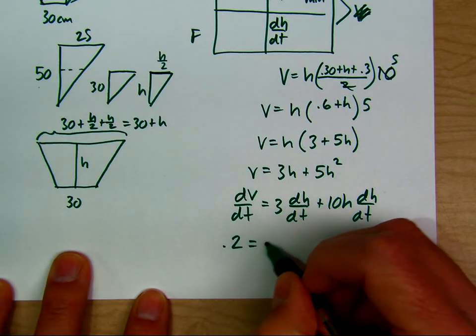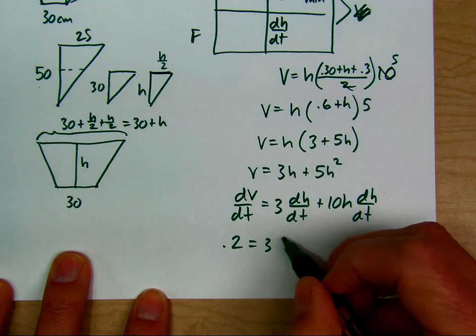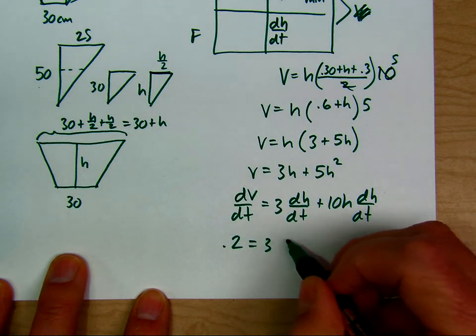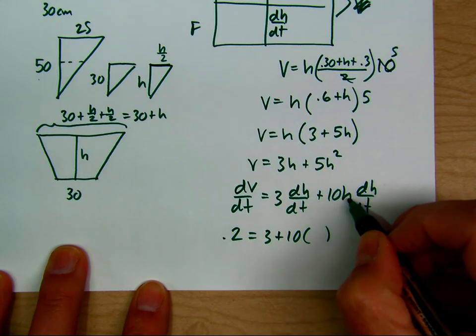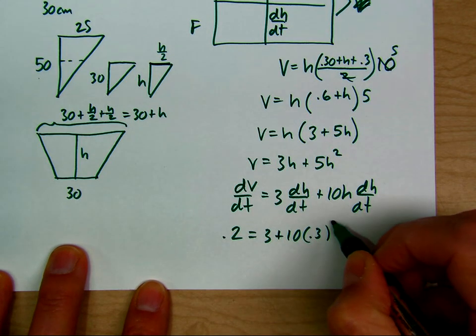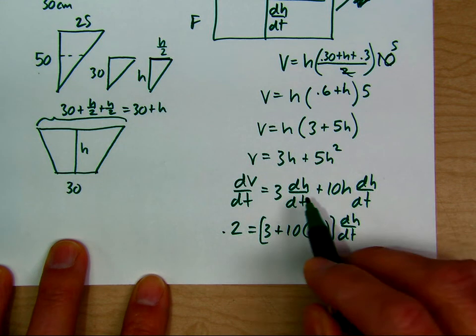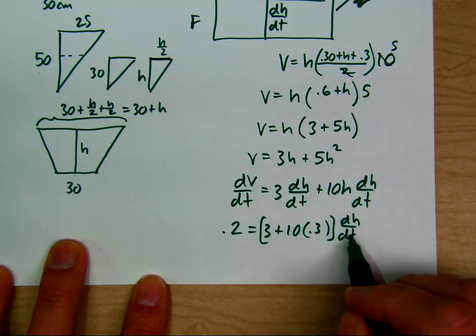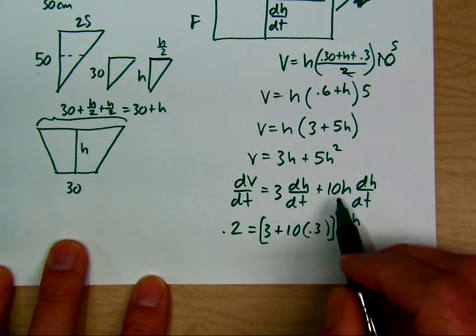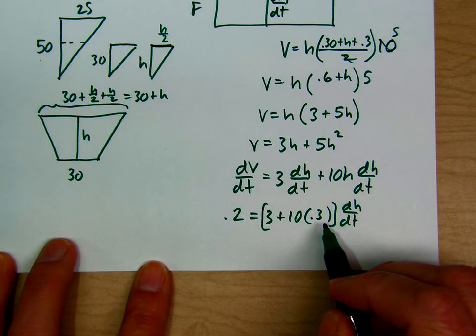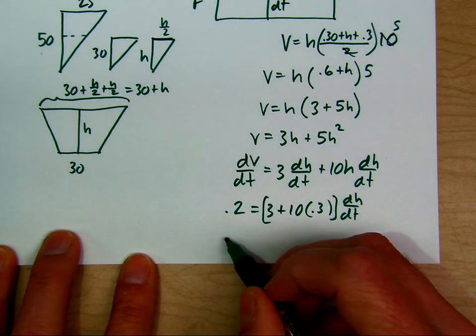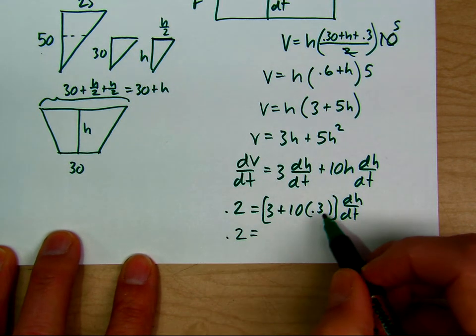We're going to solve for dh/dt. So you have 3 plus, and this will be 10 times h. That's 0.3. So we have the dh/dt, I'll put it outside, factor it out, and then 3 plus 10 times h. So this is going to be 3 plus 3 is 6.